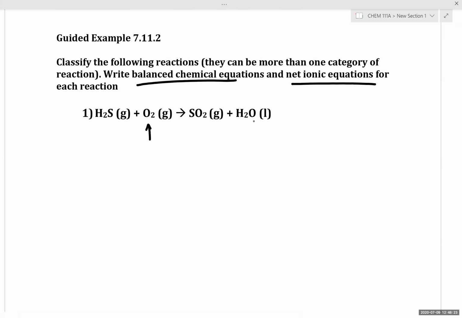If we have a reaction with oxygen gas to generate water and other oxidized products, what do we call that reaction? If we're lighting hydrogen sulfide on fire, what do we call that process?